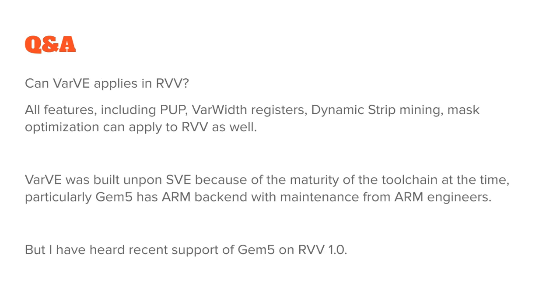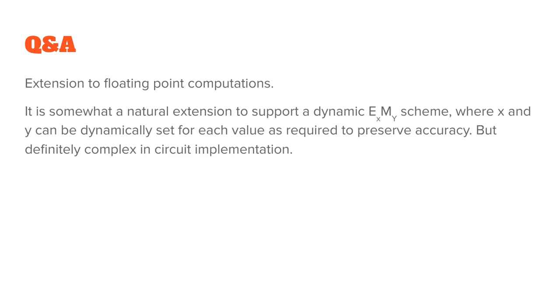The second one confirms that all VarVE features can be built on top of RVV as well. And finally, on extensions to floating point support. It is somewhat a natural extension, but definitely a complex one in implementation. Thanks for coming to my presentation.